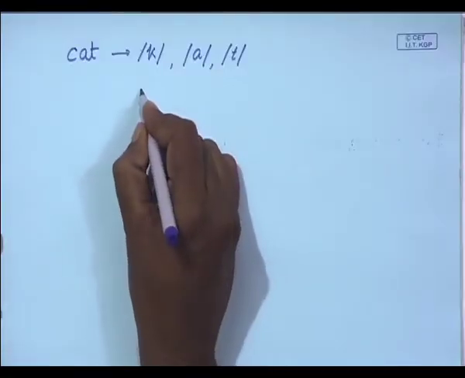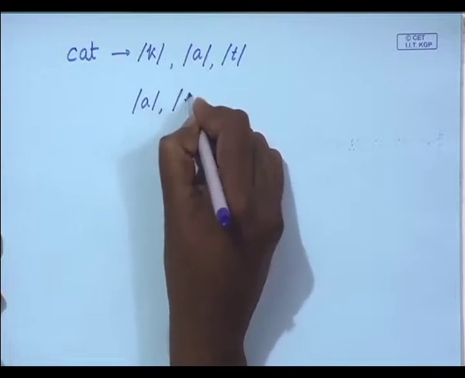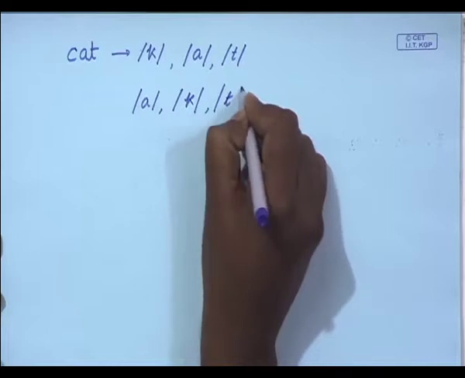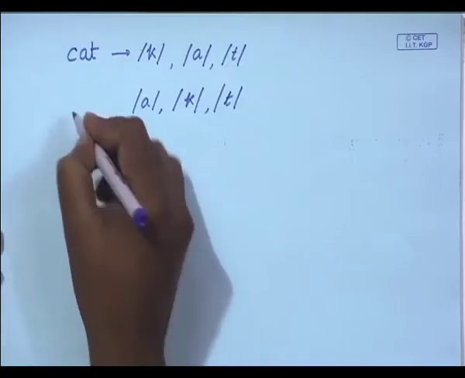Whereas, if I simply alter the temporal sequence of these three phonemes, suppose first I utter a, then I utter the phoneme ka, and then I utter the phoneme ta, it simply becomes act, right.